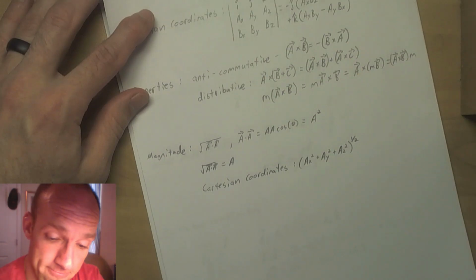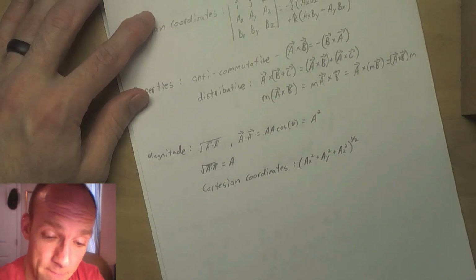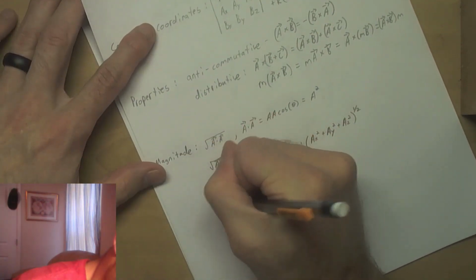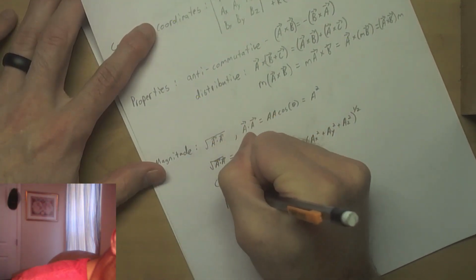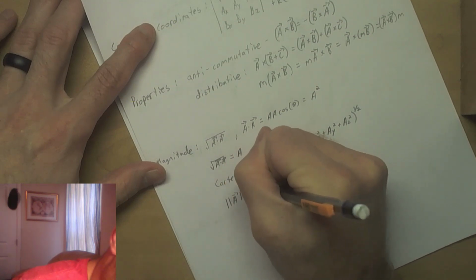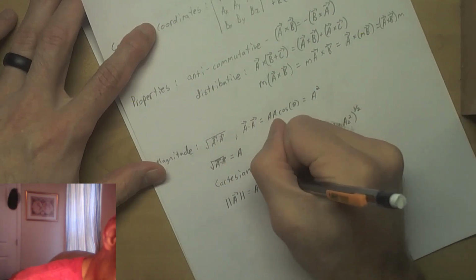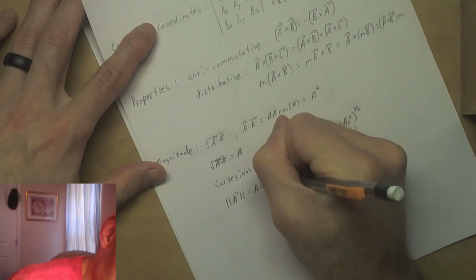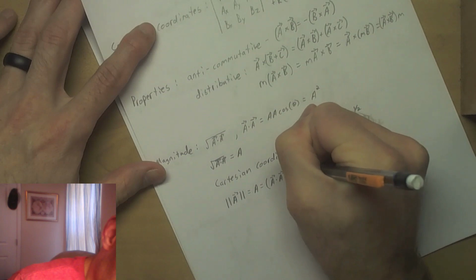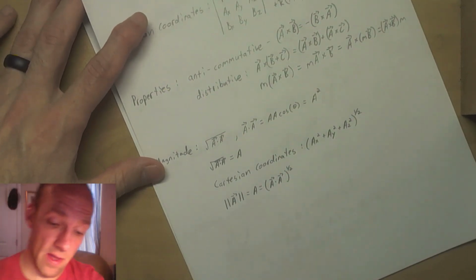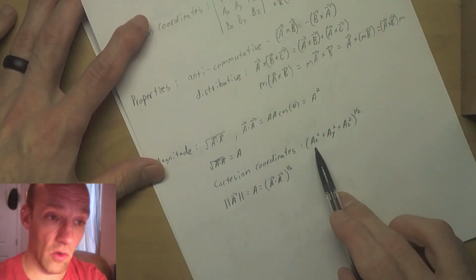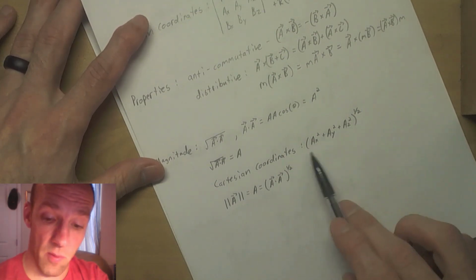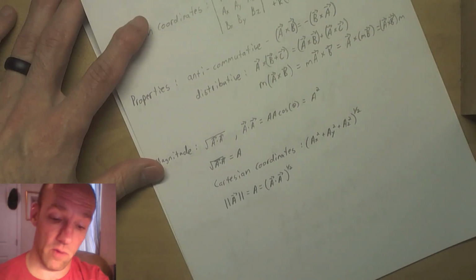Okay. So, just to be explicit here. In the special case of Cartesian coordinates, we can just take the individual components and square them, add them up, take the square root, and that's what we get.